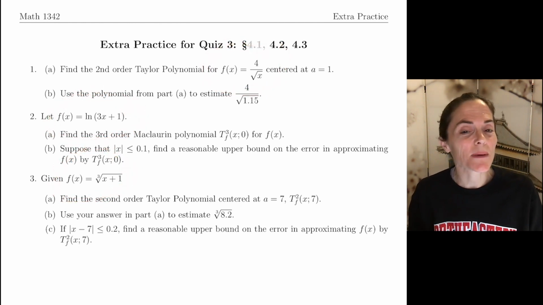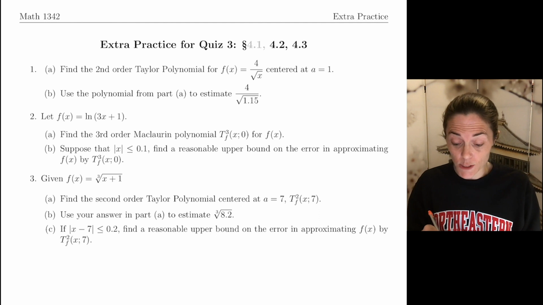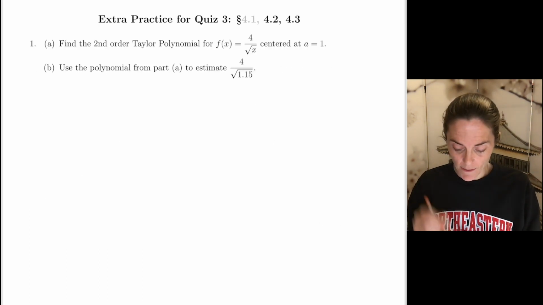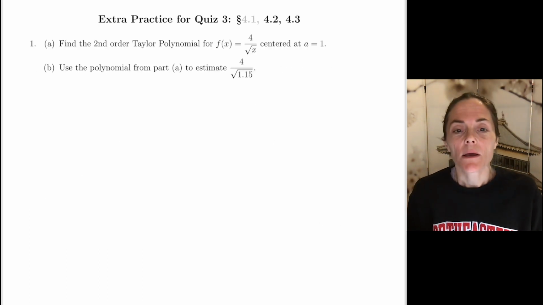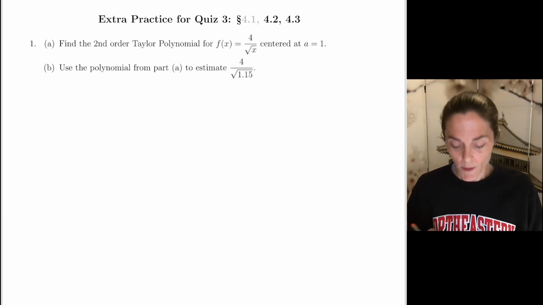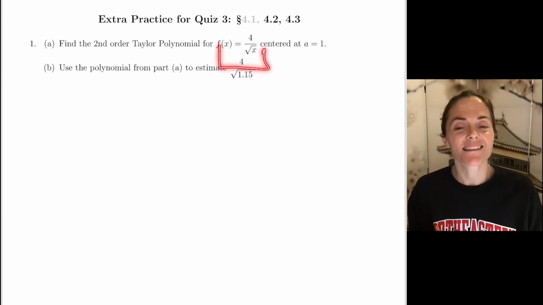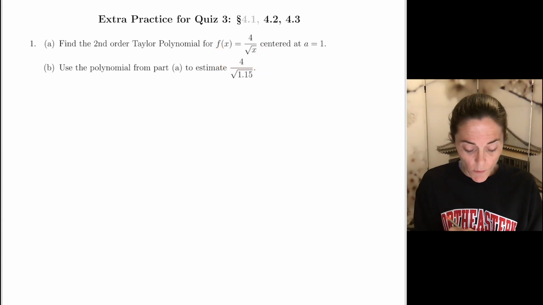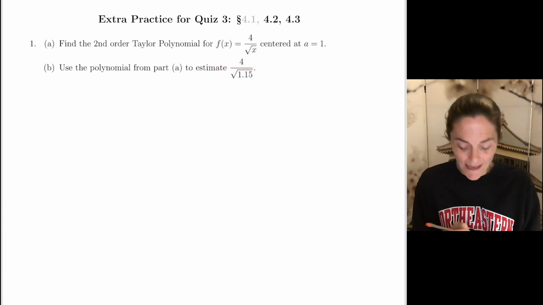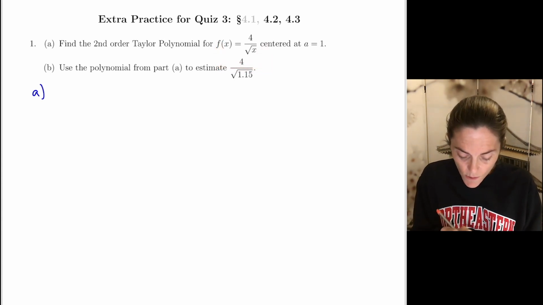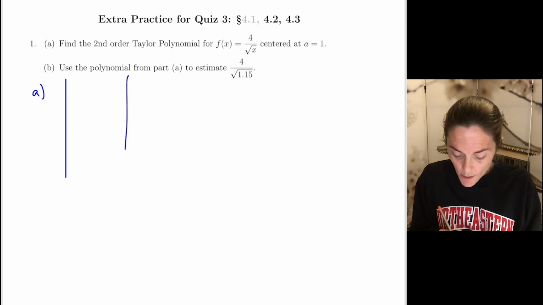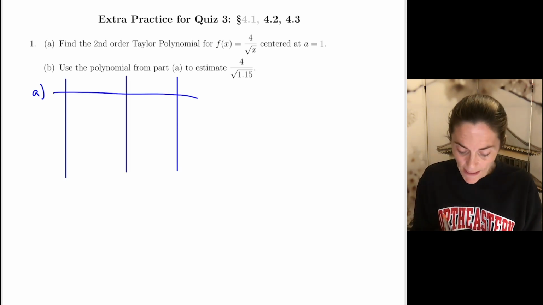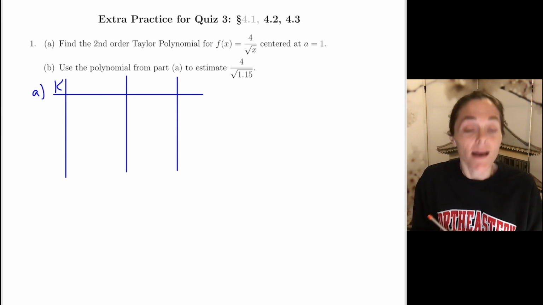So let's begin with number 1 on this extra practice for quiz 3. We will find the second order Taylor polynomial for this function centered at a equals 1, and then we will use it to estimate a certain value of the function. Whenever I do Taylor polynomials, I always personally begin with this chart. We have k.